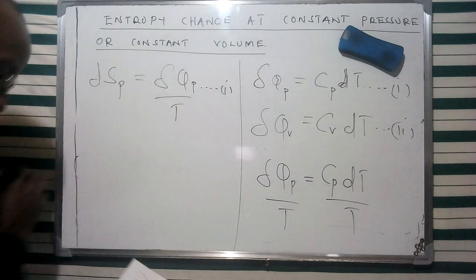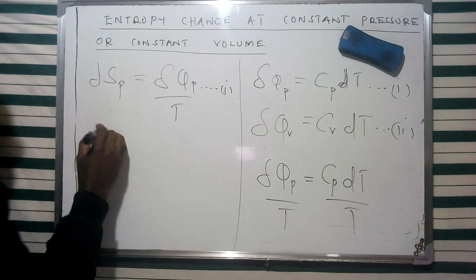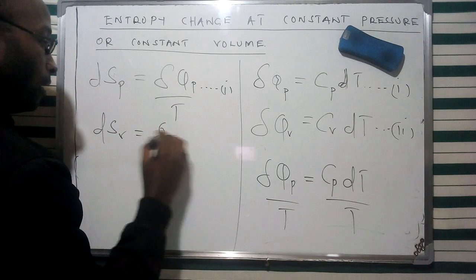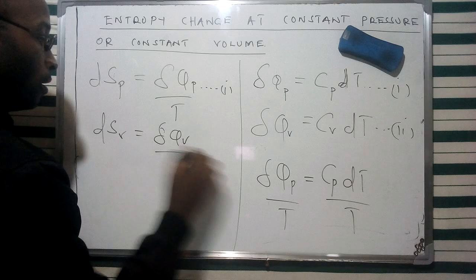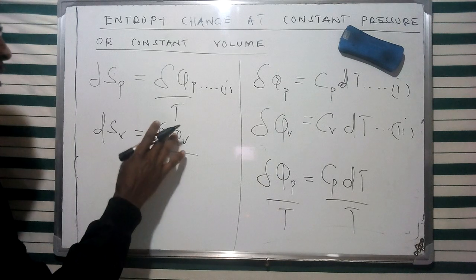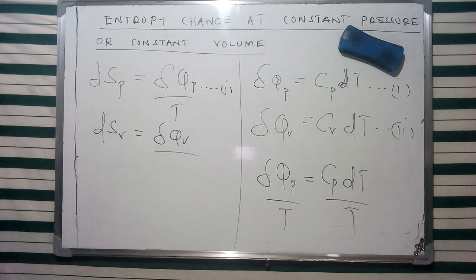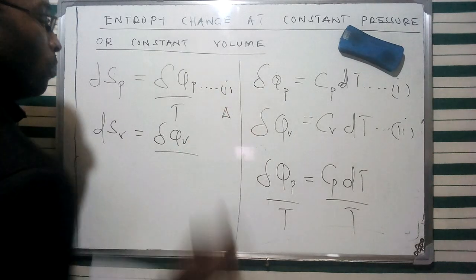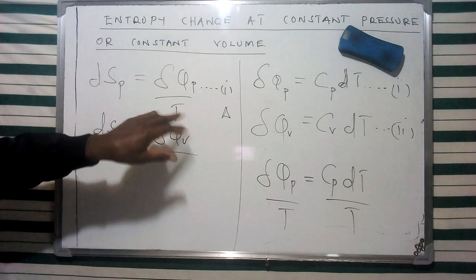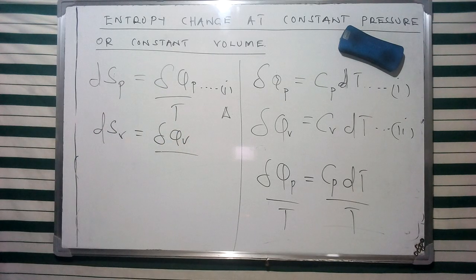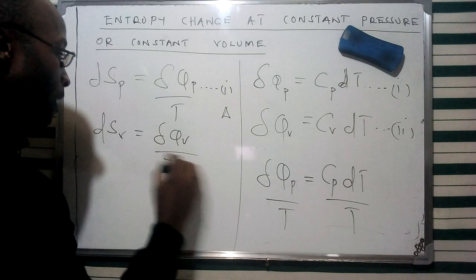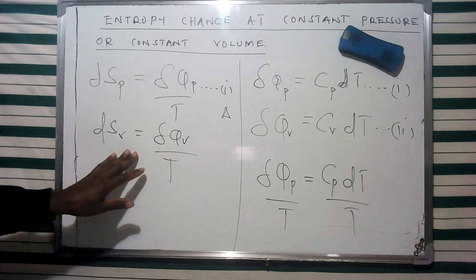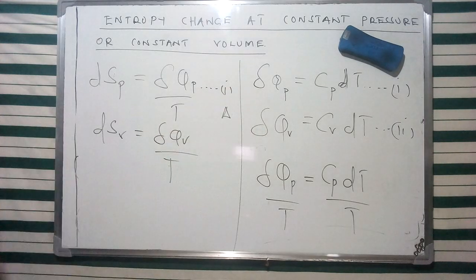Then we have the change in entropy at constant volume, represented using delta Qv all over T. Basically, this is going to be given as a sigma, not delta. So this is going to be sigma Qp over T, and this is sigma Qv over T.